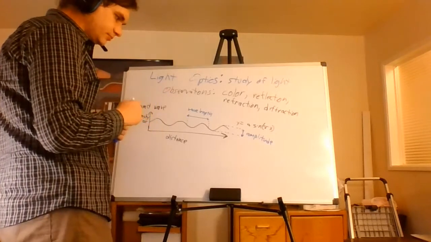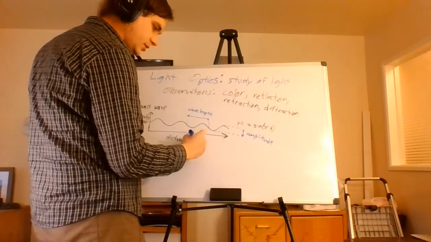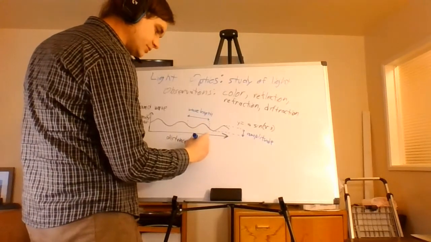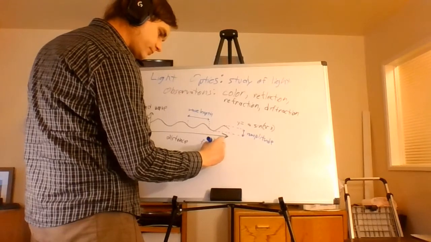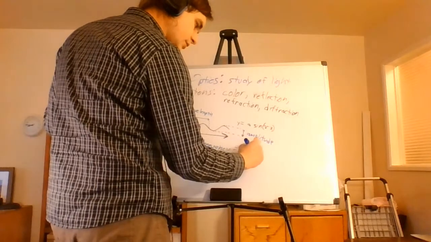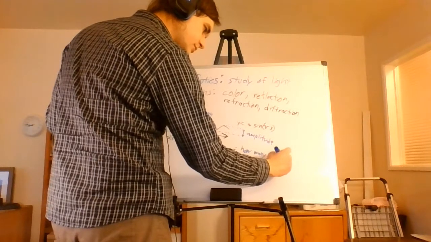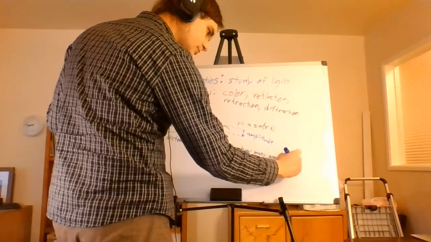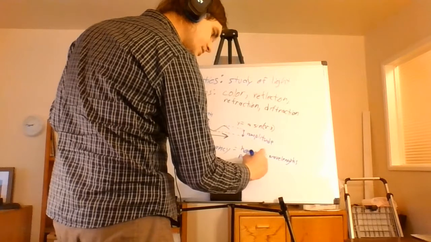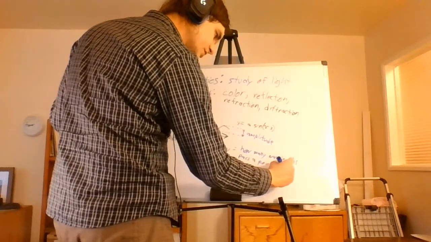But the wavelength is related to the frequency. With a standing wave, it's not doing anything. But with a wave that moves, there is also the frequency, which is how many wavelengths pass a point in a given time.